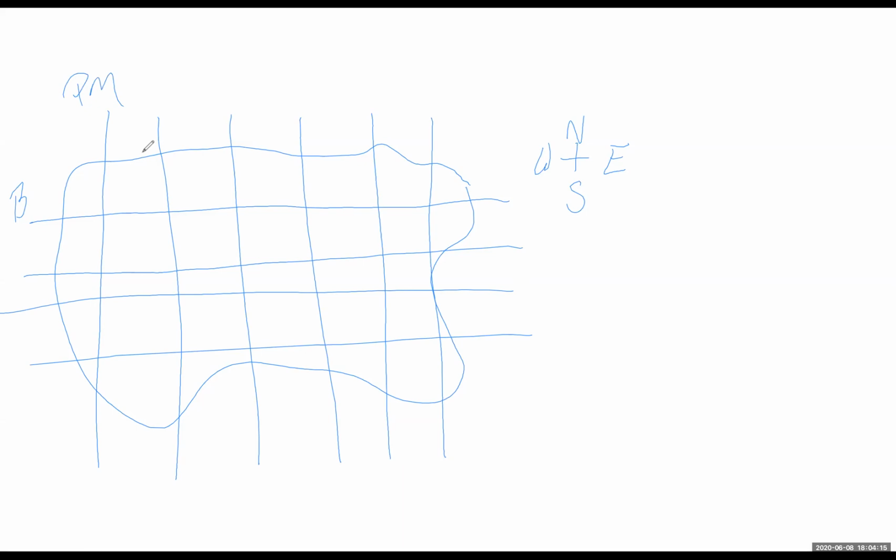Does anybody remember? 37. So there's 37 principal meridians in the United States. And again, that's a pretty big piece of land.